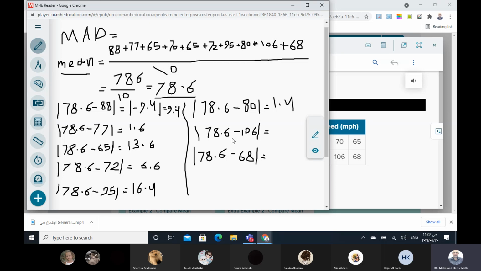So the answer will be minus 27.4. Take the absolute value will be 27.4. And here we have 78.6 minus 68. So the answer will be 10.6.